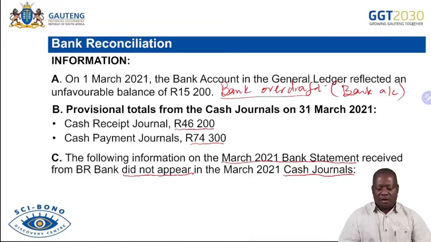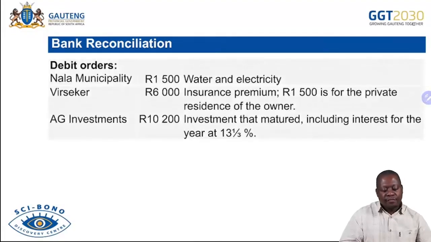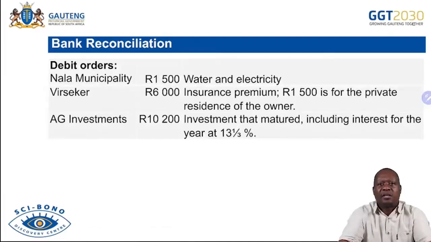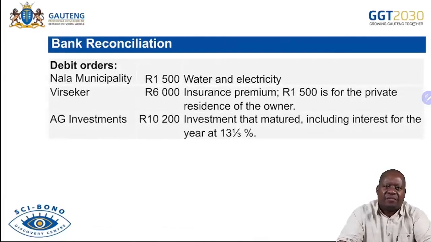Okay, let's check. What information is that? Now, to start with, they are debit orders. Debit orders are monies that are taken out of our bank account because we have given the bank an instruction to make payments on our behalf.